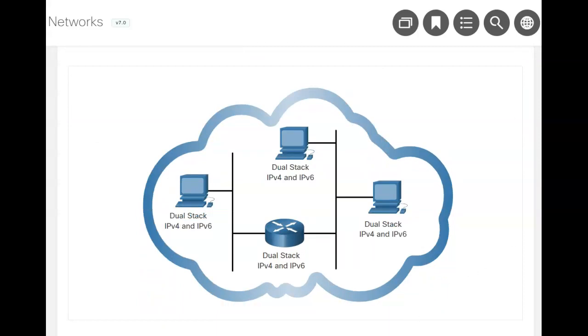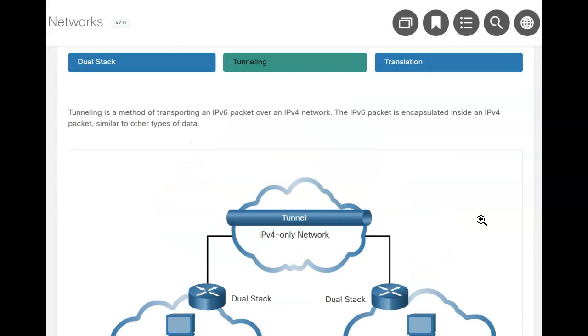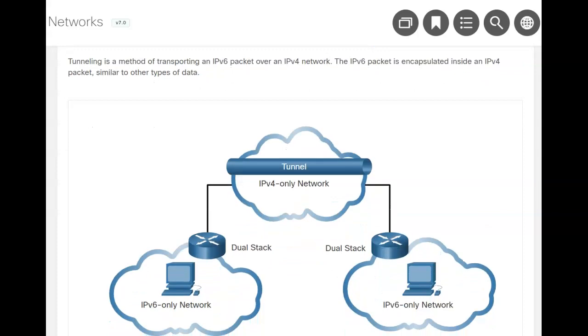Now, if I wanted to look at tunneling, tunneling is where I can transport an IPv6 packet over an IPv4 only network. So you've got a network that's IPv6 only, but you've got a router that's dual stack.